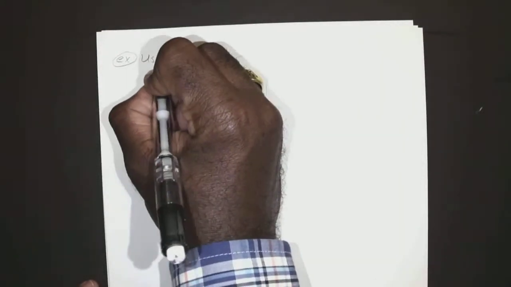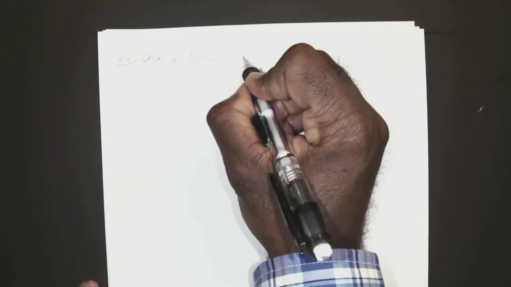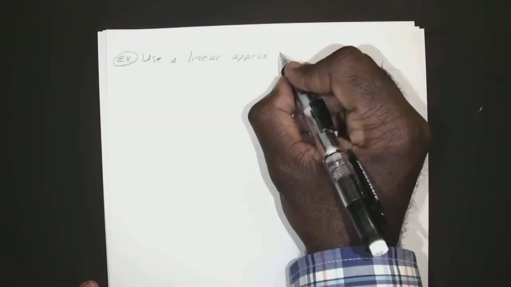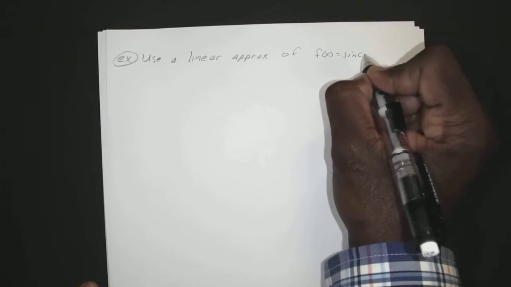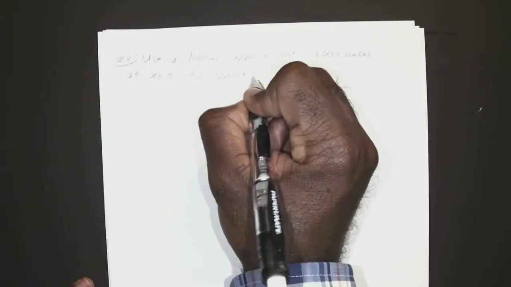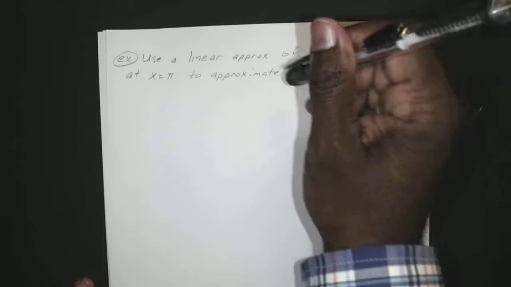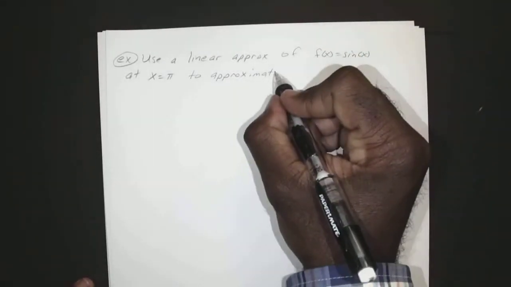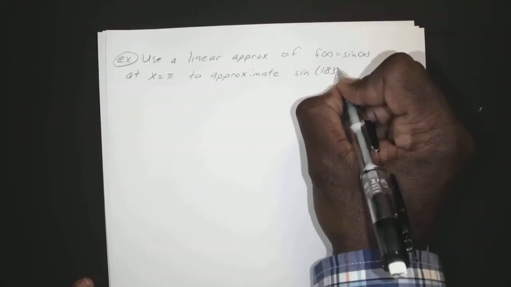One more. Let's say we wanted to use a linear approximation of f of x equals sine of x at x equals pi, to approximate sine of 183 degrees.